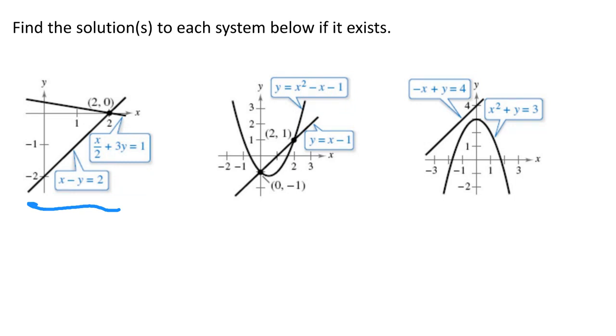As I mentioned earlier, the solution is going to be the intersection. So we're looking at this point (2, 0) as our solution. What would be the solution for our second graph? You can type it in the chat if anybody wants to try out the answer.